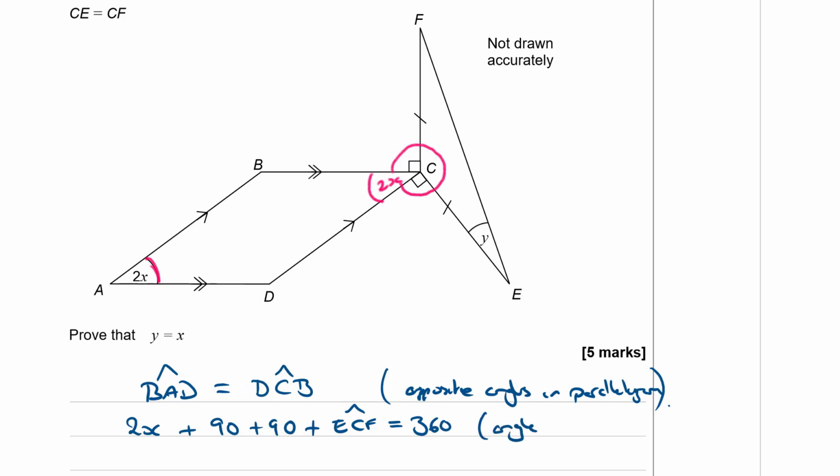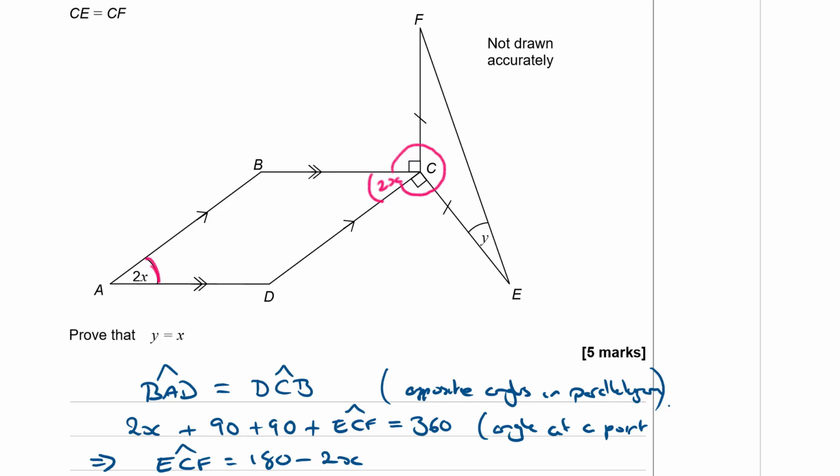That's from angles at a point. So that means angle ECF is going to be 360 minus 90 minus 90, which is 180, so 180 minus 2x.